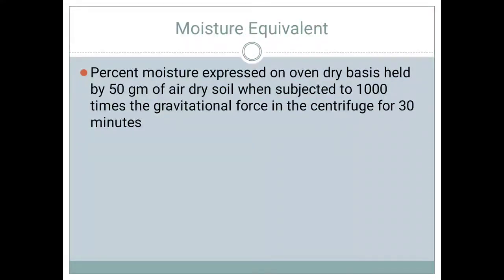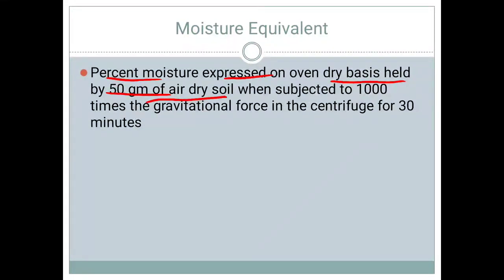Next soil moisture constant is moisture equivalent. There is no practical significance for this soil moisture constant. This is done in the laboratory only. So the definition is percent moisture expressed on oven dry basis held by 50 gram of air dry soil.